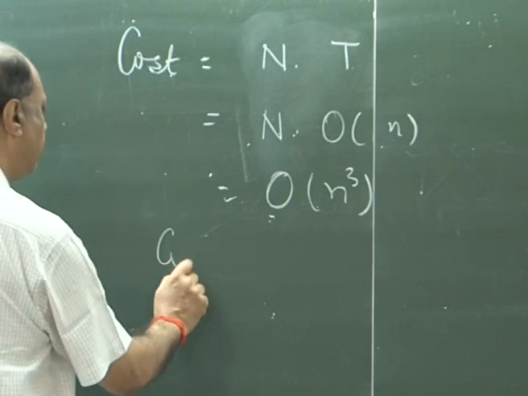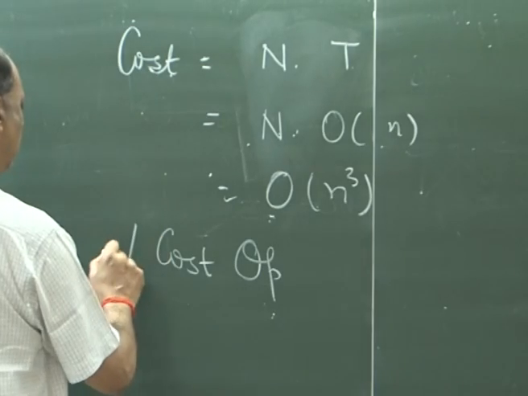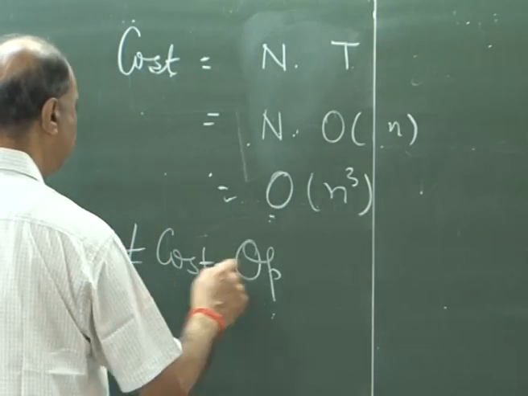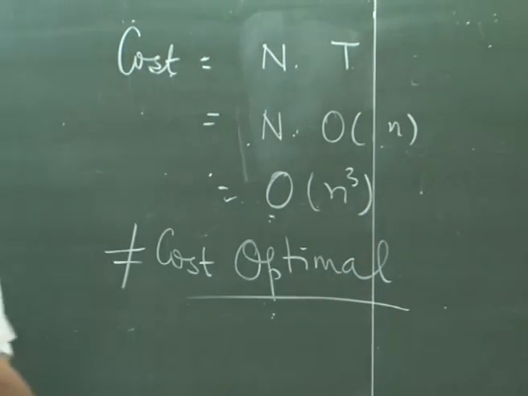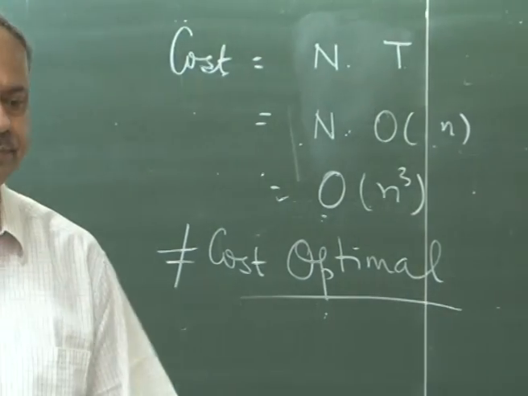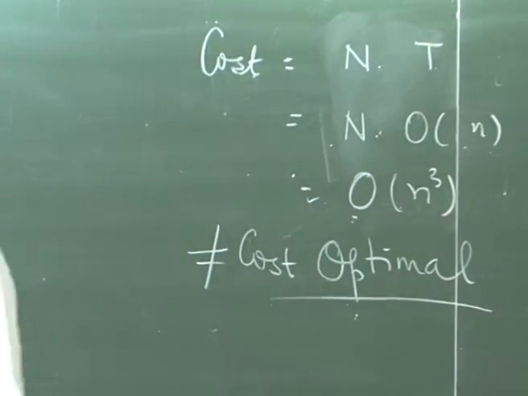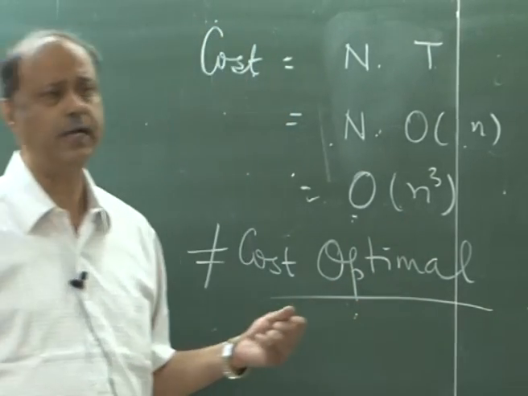It is not cost optimal, because to find the sum of n square elements using a sequential processor is order n square.